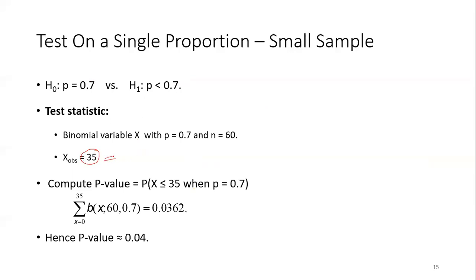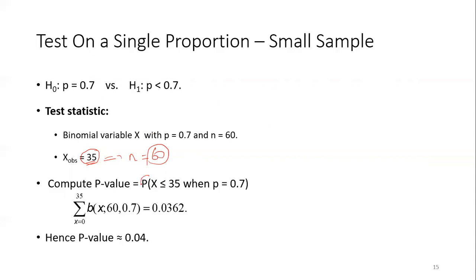Among 60 houses, I see that 35 of them have a heat pump. So what is the p-value?